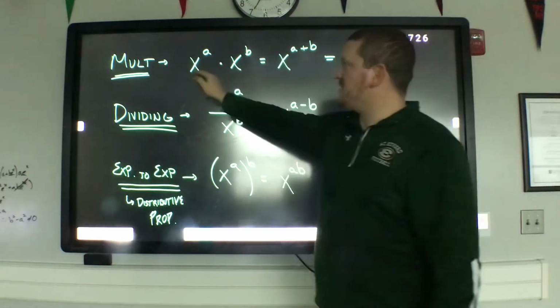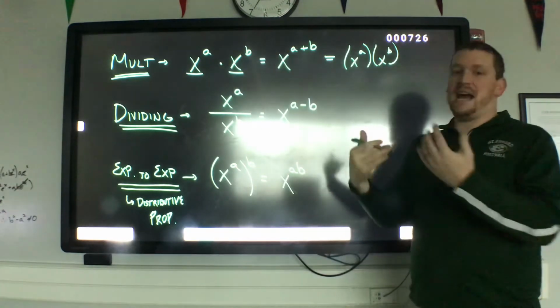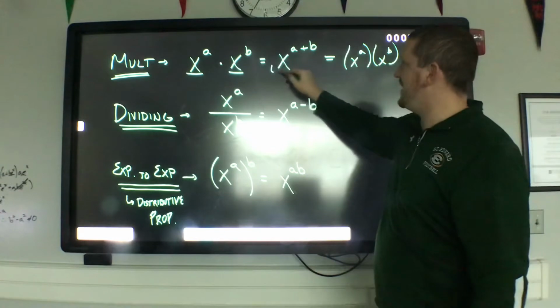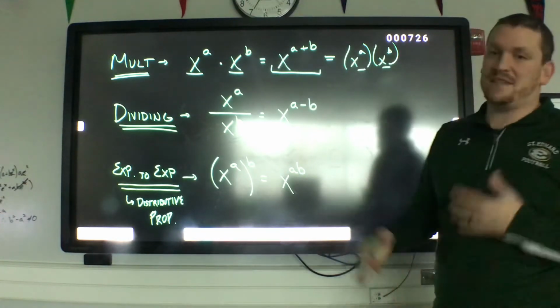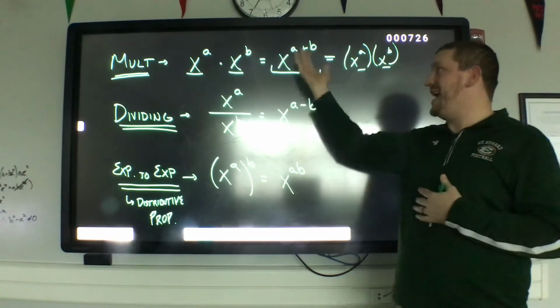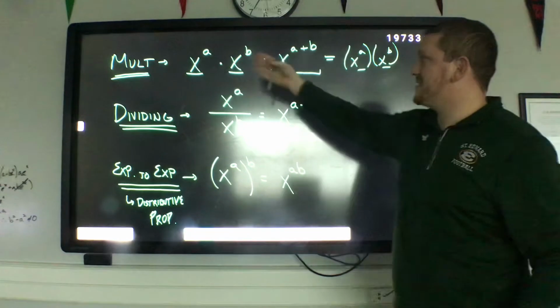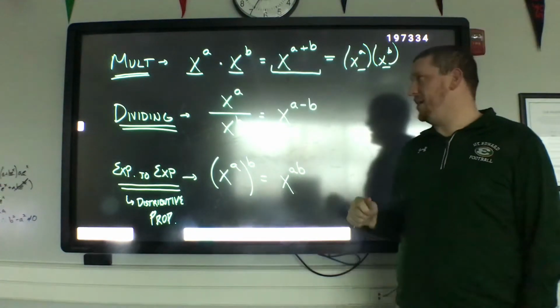If you have x to the a power times x to the b power, all you have to do is add those exponents together. So that's x to the a plus b. Another way you can see that is if they're multiplied together. It's the same thing, but you keep the same base, you just add the exponents together. So x to the a times x to the b is equal to x to the a plus b.